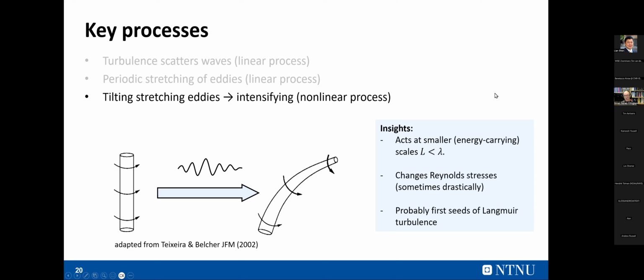What happens is this acts at the kind of smallish scales that I am talking about. What it does is it changes the Reynolds stresses, sometimes quite drastically. And there's reason to believe that it is possibly this process that forms the first seeds of Langmuir turbulence.